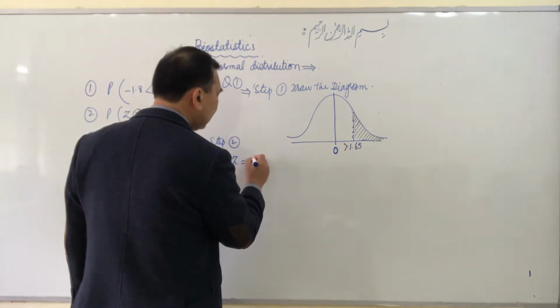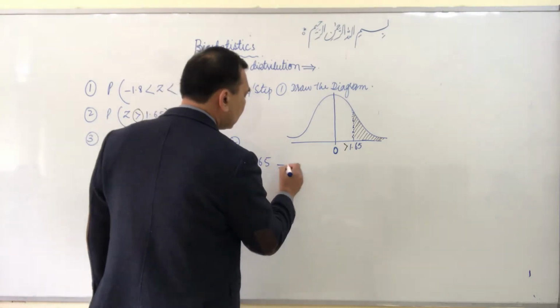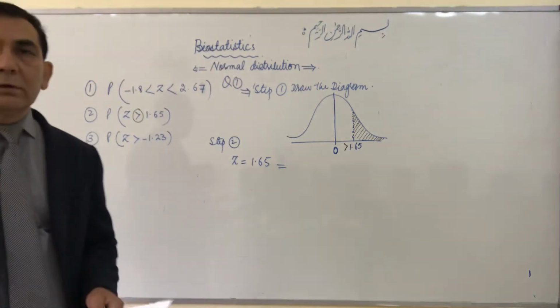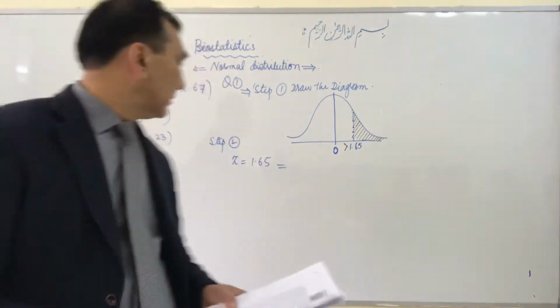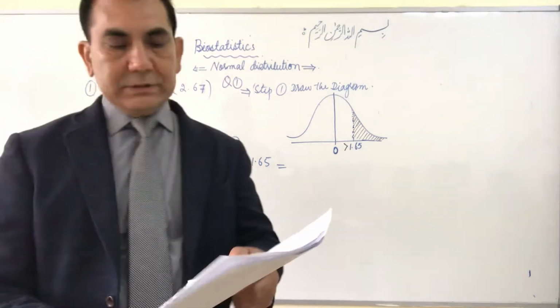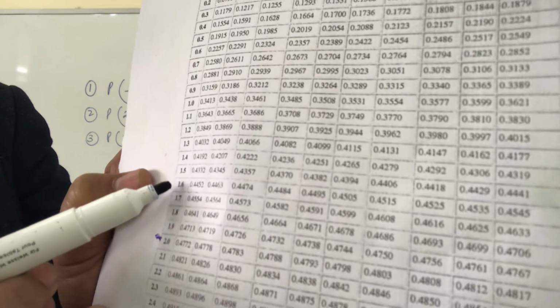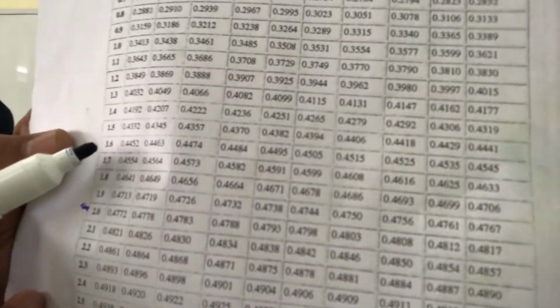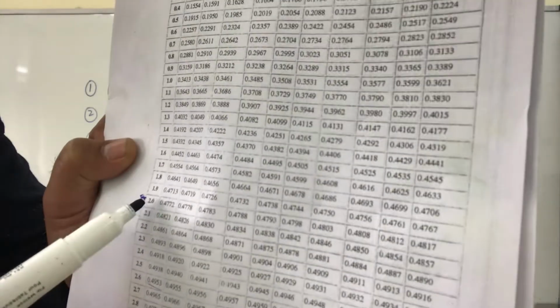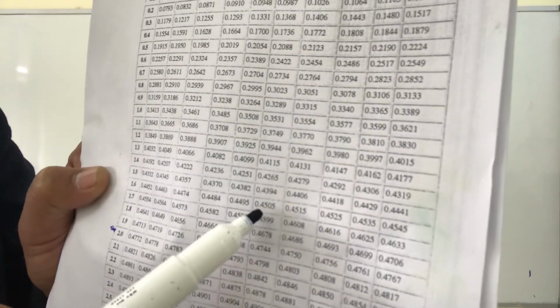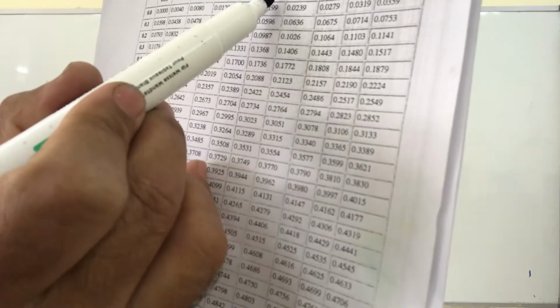So z is 1.65. We will again use the z table. What is the value of 1.65? Then we go to the row 1.6. Here is 1.6. Then we go column-wise, where it is 0.05. 1.6 and 0.05.